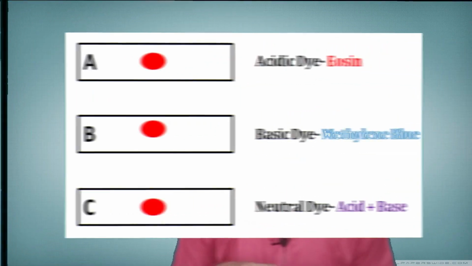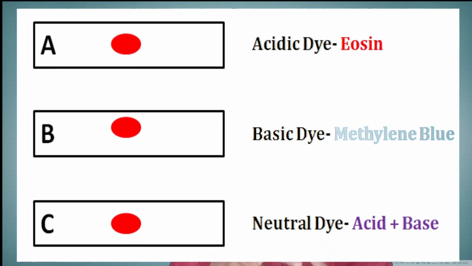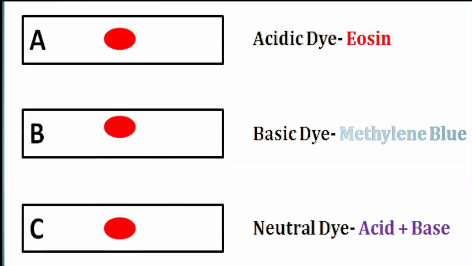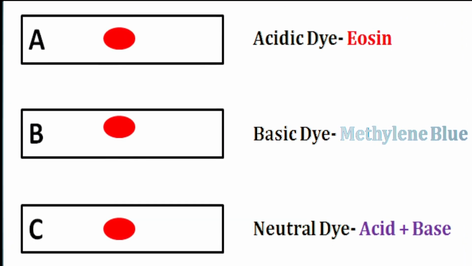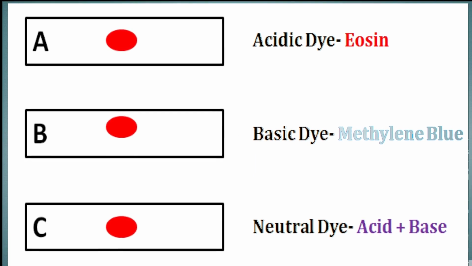Suppose we have taken three slides, slide A, B and C. We treat slide A with the acidic dye, that is eosin. We treat slide B with the basic dye, that is methylene blue, and we treat slide C with the neutral dye, that is a combination of acidic and basic.